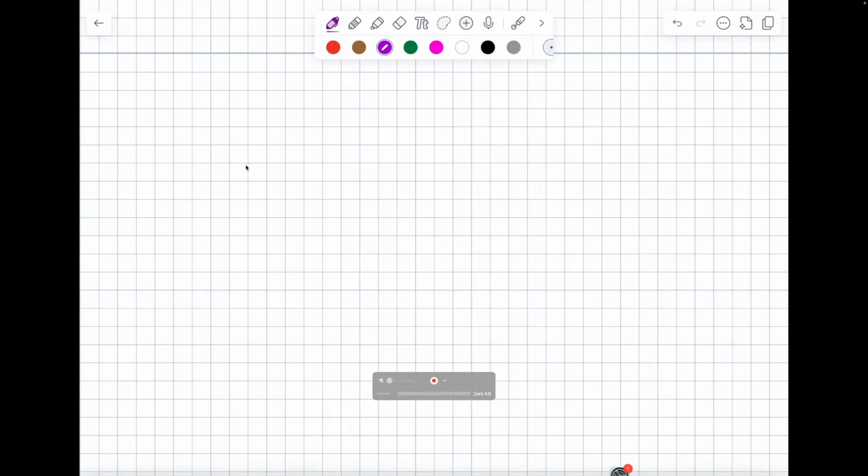So if I were to draw it, it should look like this. And the left-hand approximation is going to be 3 times 10. Do you see why it's 3 times 10?